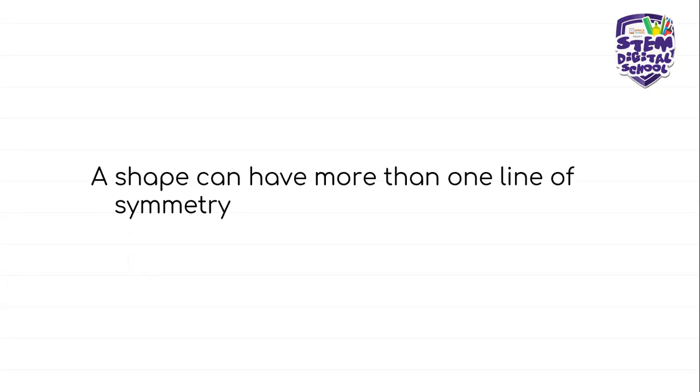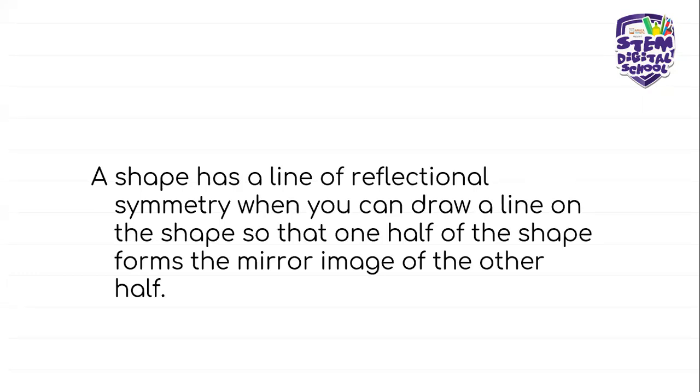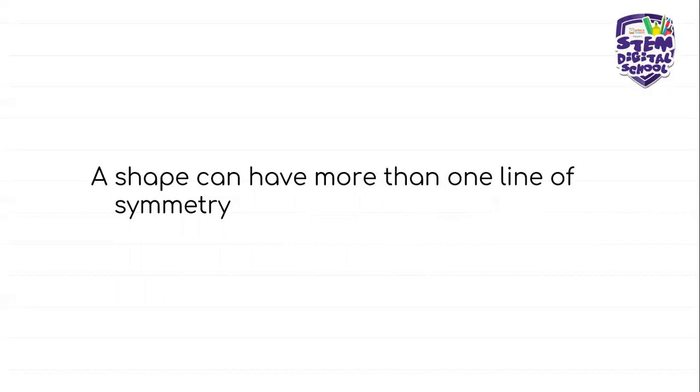This simply means, as we have just defined, you can draw more lines of reflectional symmetry on a shape. I'm talking about those shapes where you find that there are more lines of symmetry. In this case, we are carrying on to demonstrate that a shape can have more than one line of symmetry.